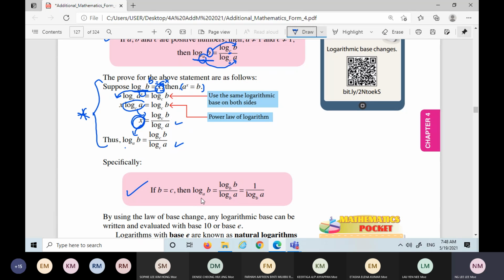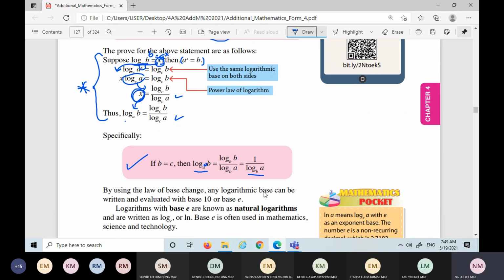So another one you can use is log AB is equal to 1 over log BA. Means this one interchange, log AB, then it will be 1 over, at the denominator, log BA.